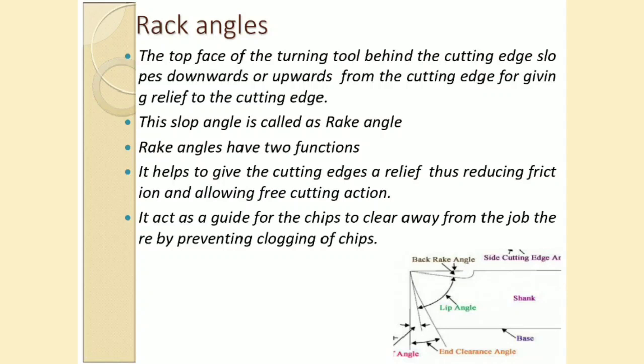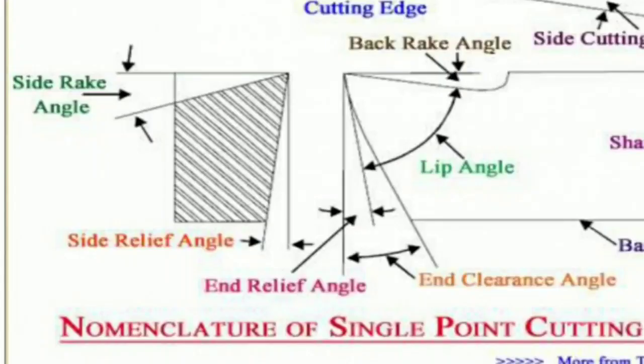The second is that it acts as a guide for the chip to clear away from the cutting area, preventing clogging of chips on the face of the tool. These are the two functions of the rake angle.